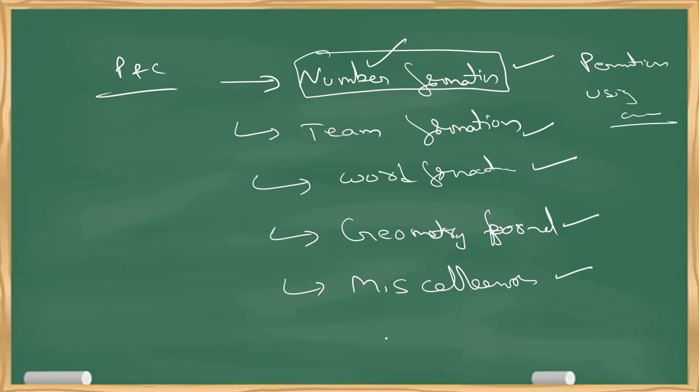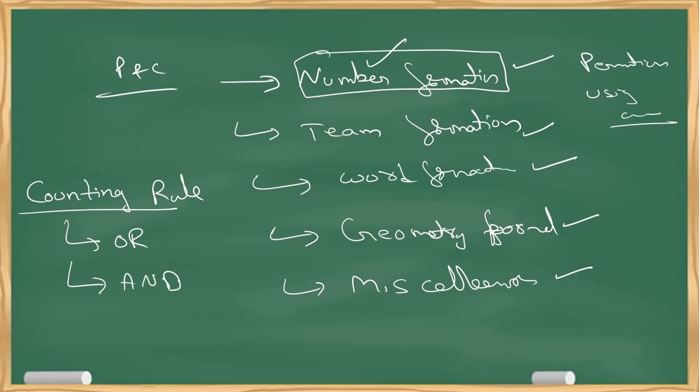They can ask questions from any end, but ultimately everything is dependent on counting rule, which is nothing but rule of OR or rule of AND. You have to be smart enough to analyze this information and apply it. So the rule of OR is always related to addition, and rule of AND is related to multiplication.